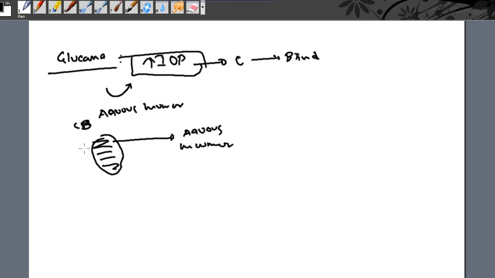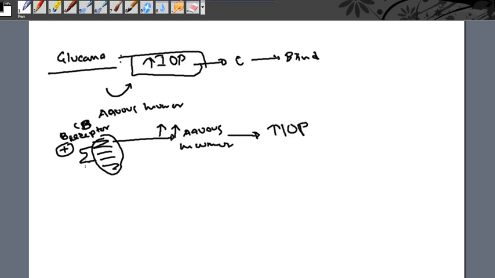On the surface of the ciliary body there is a beta receptor, and when this beta receptor is stimulated, it leads to increased formation of aqueous humor, and increased aqueous humor leads to increased intraocular pressure.